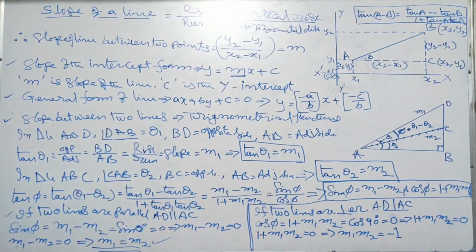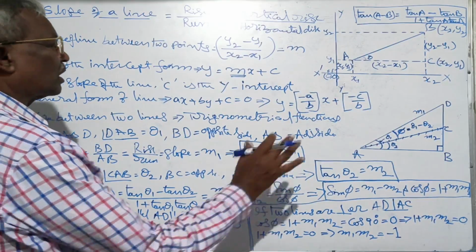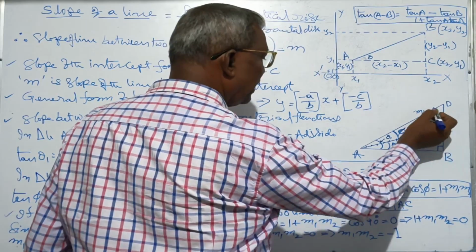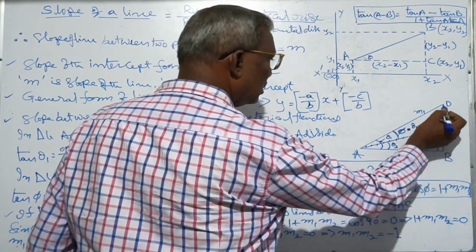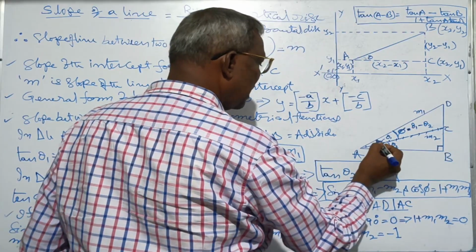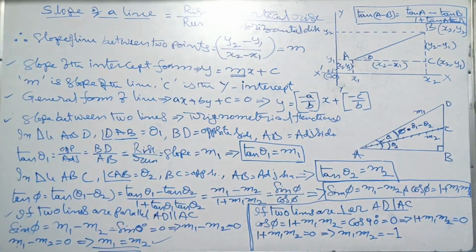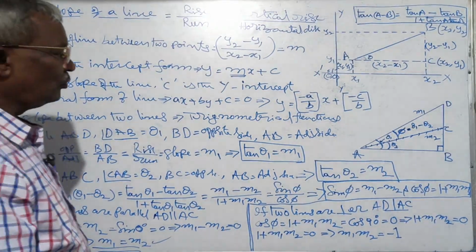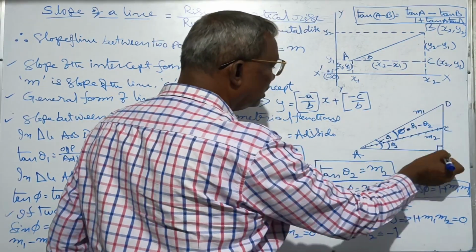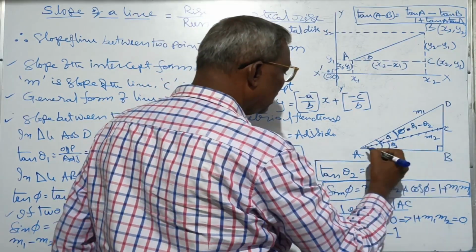To find the slope between two lines, we can use the trigonometrical function. Here, triangle ABD, its angle is equal to theta 1. With this angle theta 1, the opposite side is BD and the adjacent side is AB.